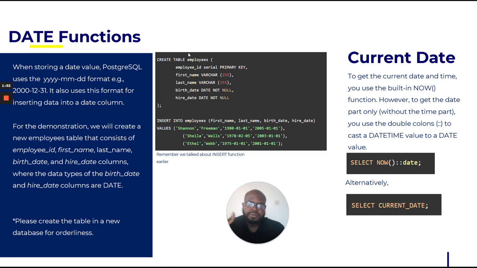That would just help us remember how to create tables using the SQL code. So we would also create this in a new database. It's better to just give the database a name, right? And create a new database just so everything is orderly in your pgadmin.